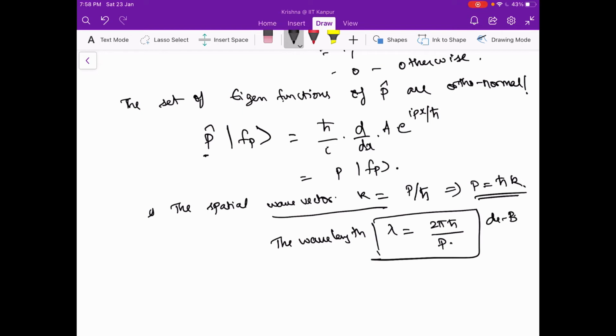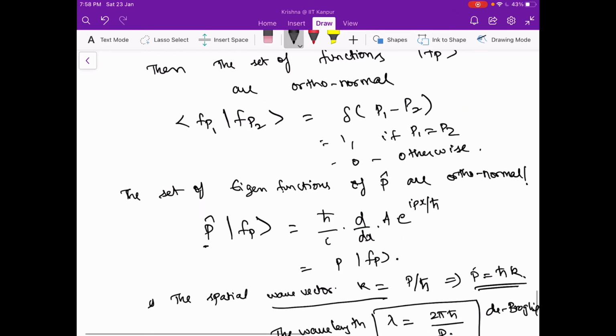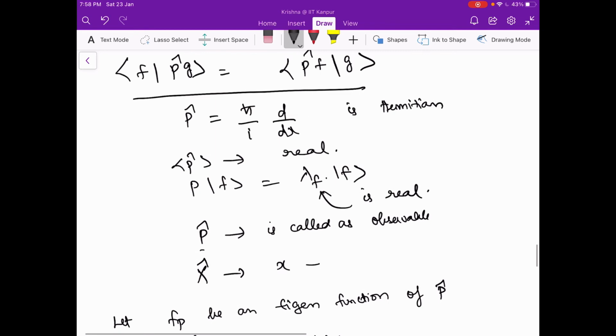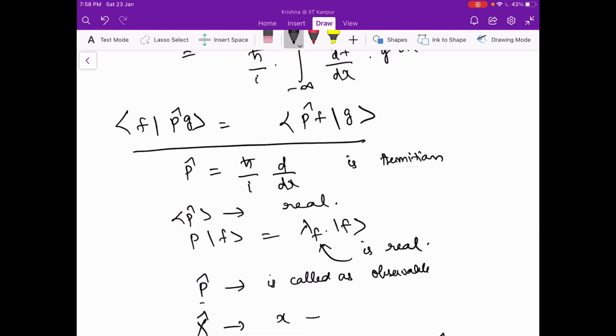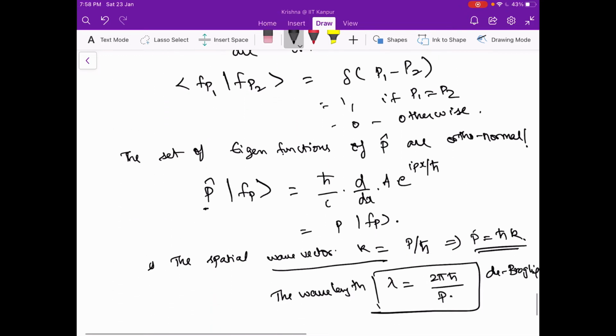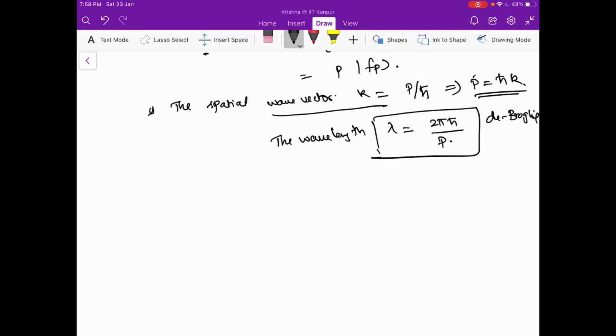This p reminds us of the momentum as we described previously, and hence this vector as we defined here is called the momentum vector. So this p is called the momentum operator because the eigenfunctions acting on a plane wave give you what is called the momentum as described by de Broglie.